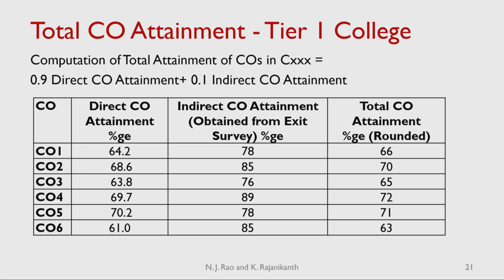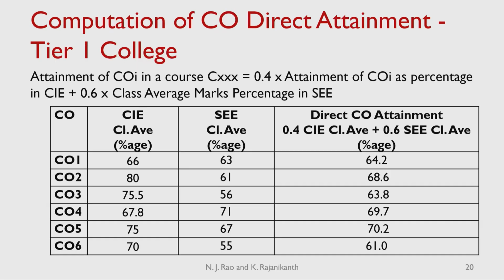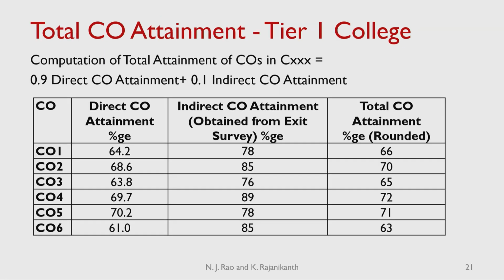For example, for CO1, we have seen in this table that the direct attainment value is 64.2. So we used that 64.2 value here and we assume that from an exit survey, the CO attainment values have been determined for all the COs and for CO1 it is 78%.